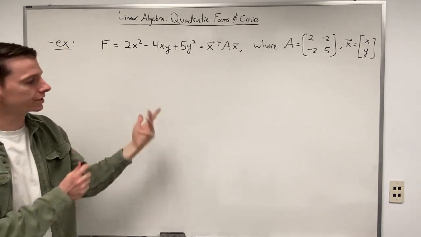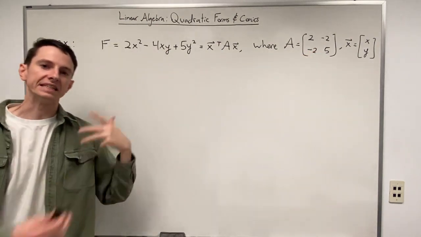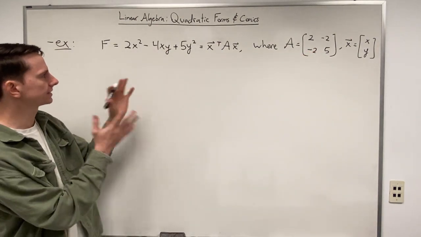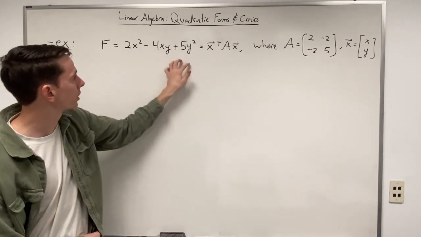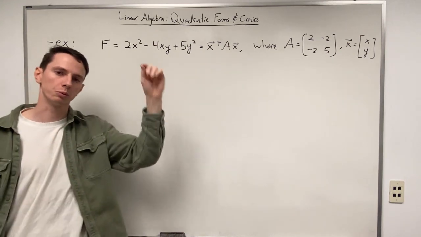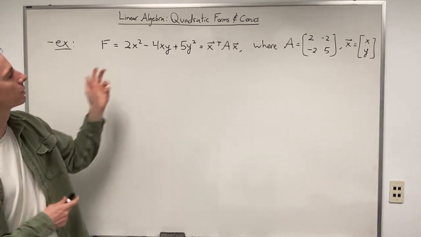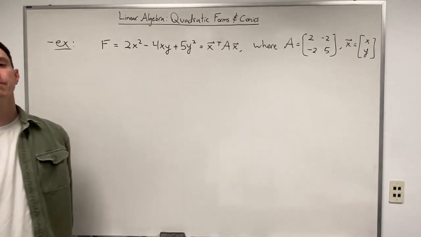What we're about to see though is by diagonalizing this matrix A, we're able to decompose it in such a way that when we rewrite this quadratic form with slightly different coordinates, rather than x and y, maybe we'll put primes on them, we'll be able to get rid of these mixed terms right here, the ones that contain x's and y's.